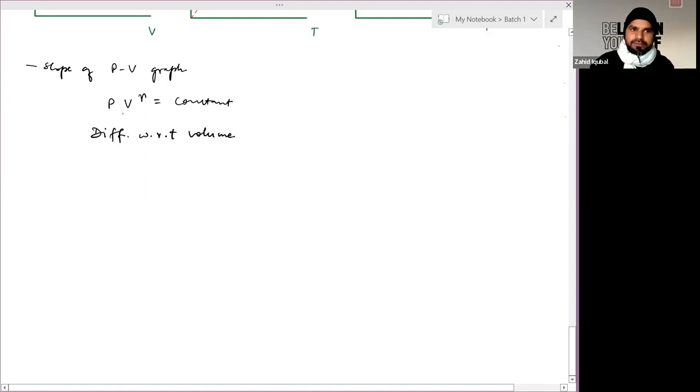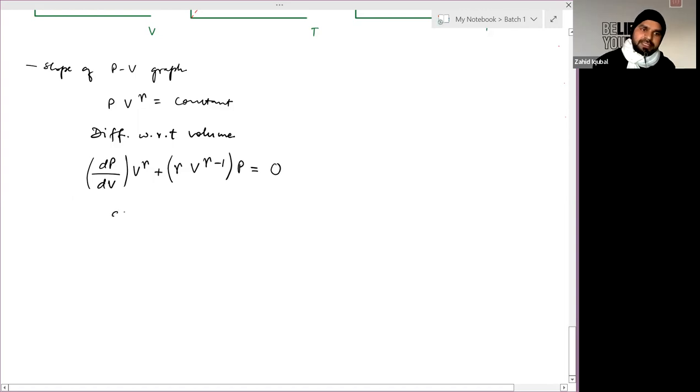So we have product of any two different quantity, pressure and volume. So differentiation of first term multiplied by second one plus differentiation of second one, that is n x to the power n minus 1 multiplied by first, equals to constant term on differentiation, it will be 0.